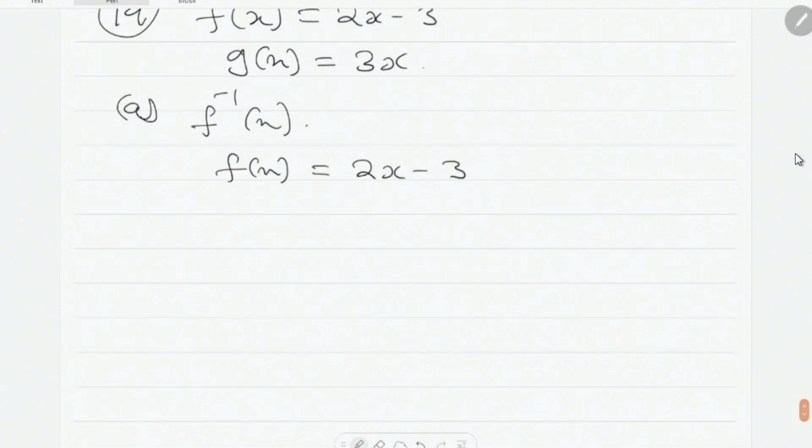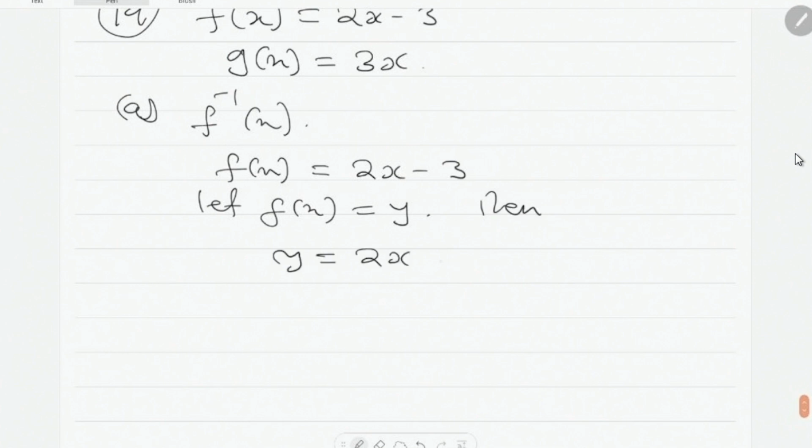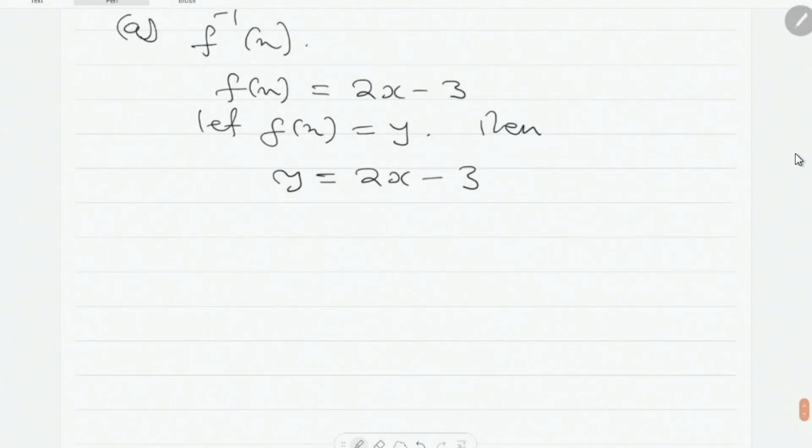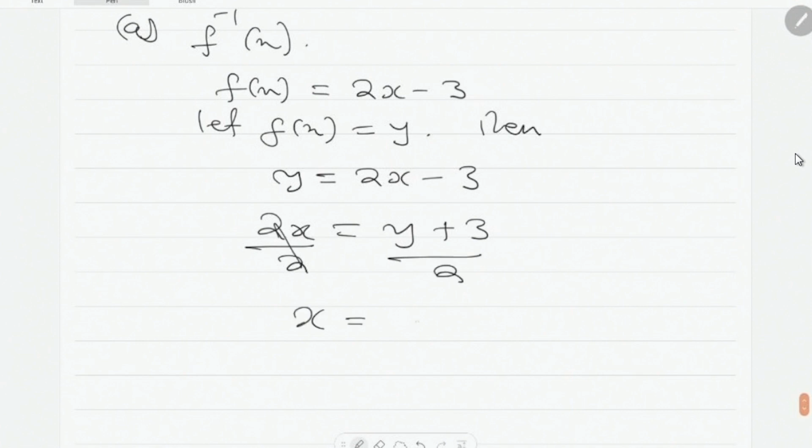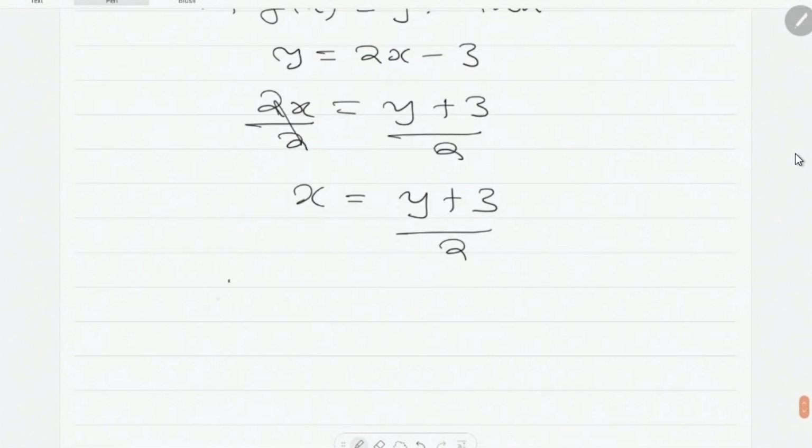So we know that f of x is equal to 2x minus 3. So we let f of x be equal to y, then y will be equal to 2x minus 3. So making x the subject of the formula, we are going to have 2x is equal to y plus 3. Dividing both sides by 2, I'll have x is equal to y plus 3 over 2.